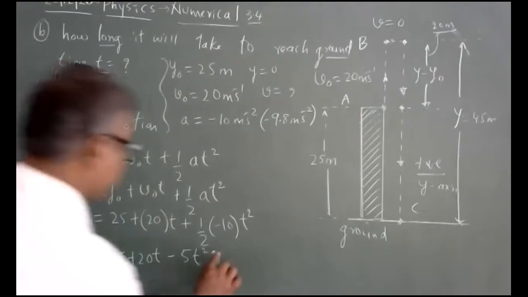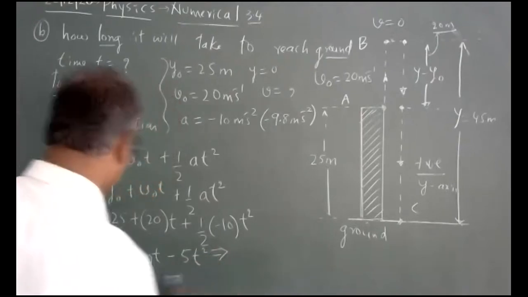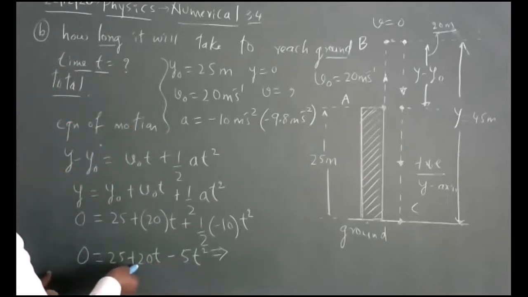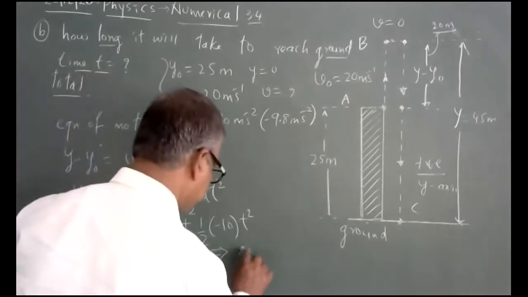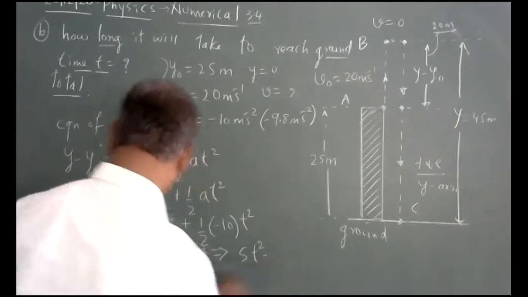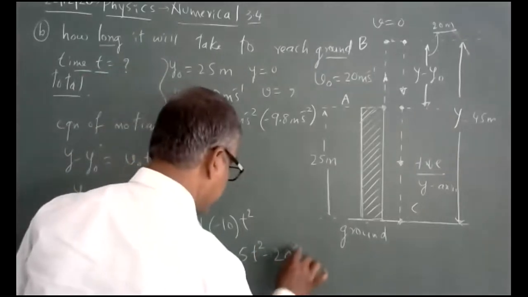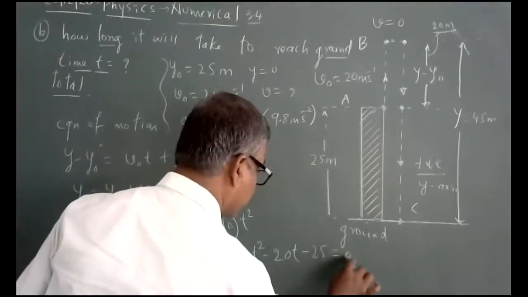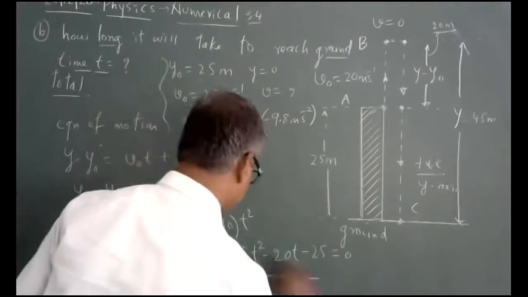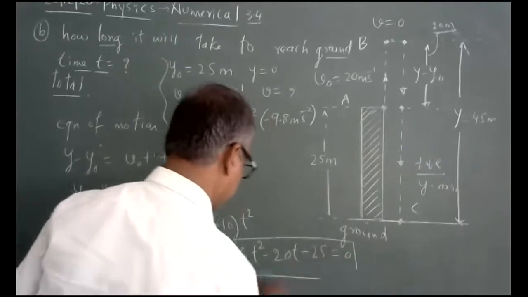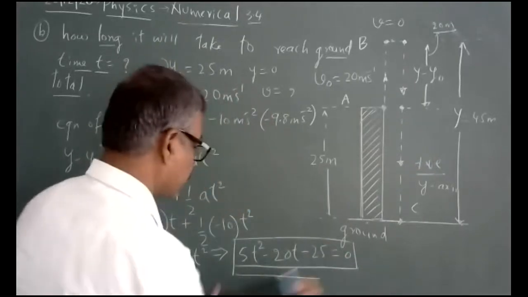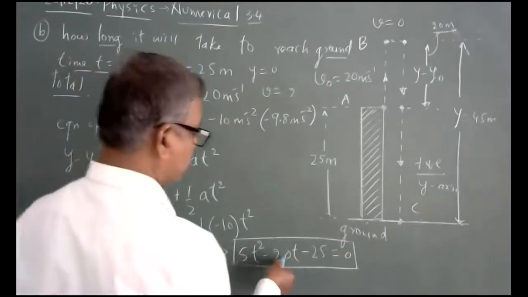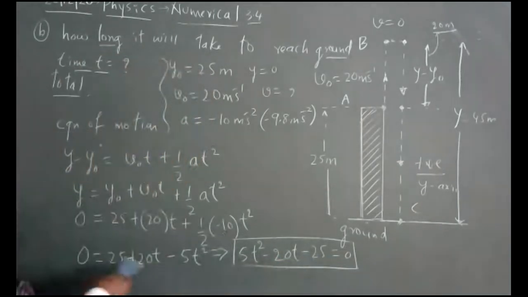So this can be rewritten as 5t square minus 20t minus 25 equal to 0. Once I simplify this relation, it is 5t square minus 20t minus 25 equal to 0, the same rearrangement.